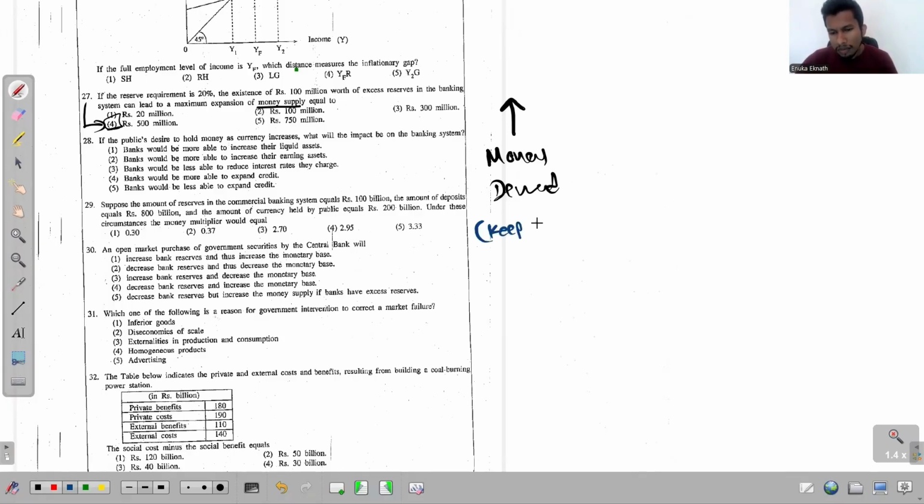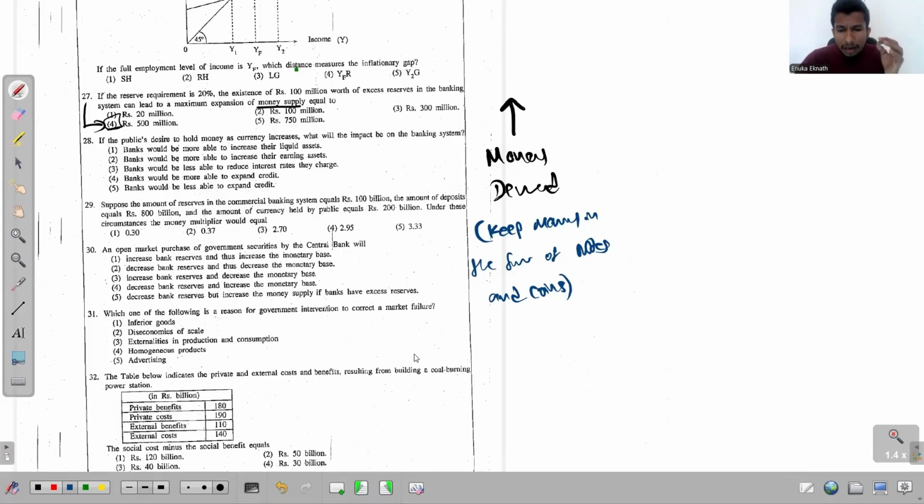They prefer to keep money in the form of notes and coins. So what happens next? When that money demand increases, when people prefer to keep money in the form of notes and coins, not as bank deposits, what happens?